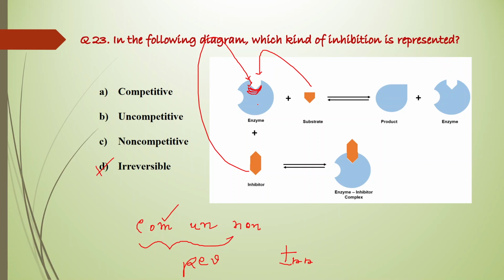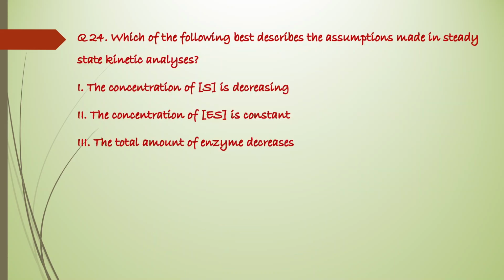So whenever you see this scenario, this means your inhibition process is competitive. Both are going for the same site. So our correct option for this question was that this diagram represents competitive inhibition.